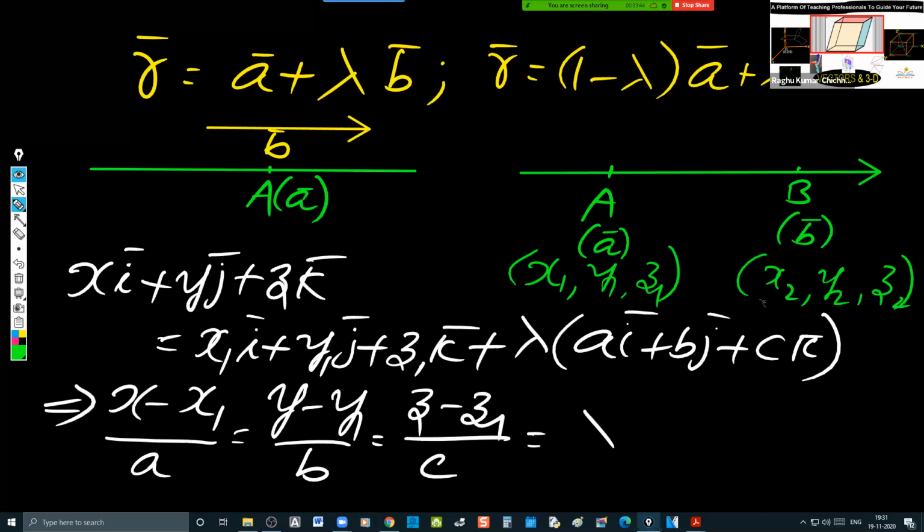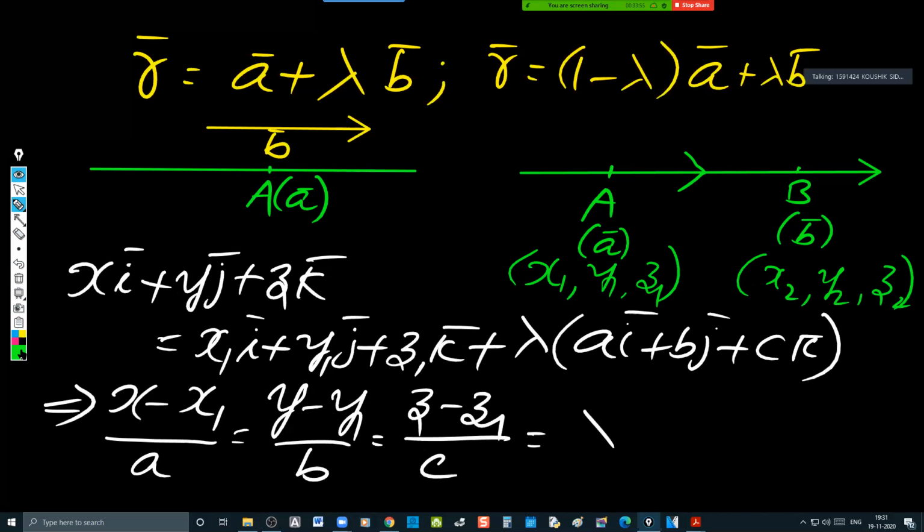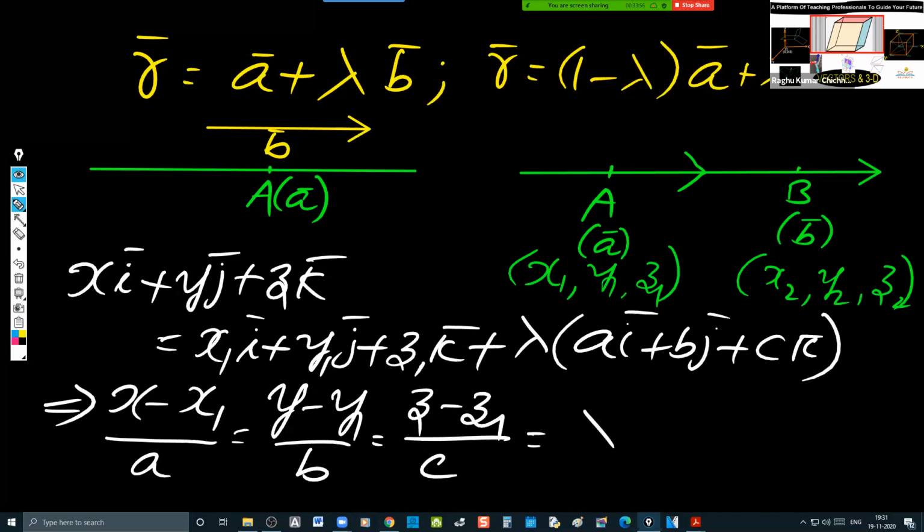Then tell me, any one of you, please, what are the DRs of AB? If A is x1, y1, z1 and B is x2, y2, z2, there is a difference of these two. Or AB bar is nothing but OB minus OA.